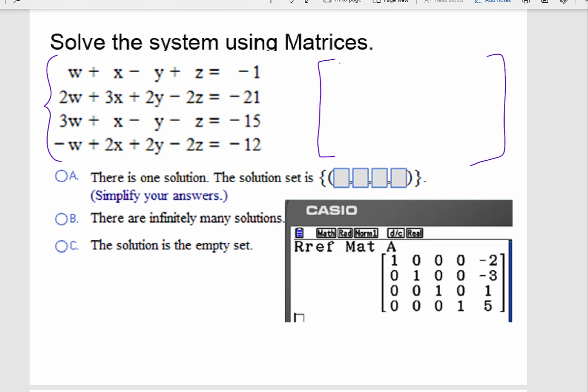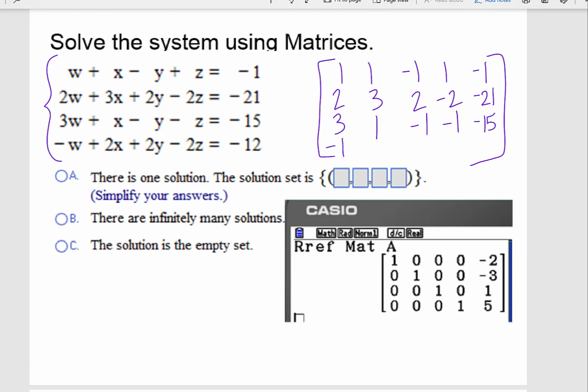That first row, I have 1W plus 1X minus 1Y plus 1Z equals -1. 2W plus 3X plus 2Y minus 2Z equals -21. 3W plus 1X minus 1Y minus 1Z equals -15.